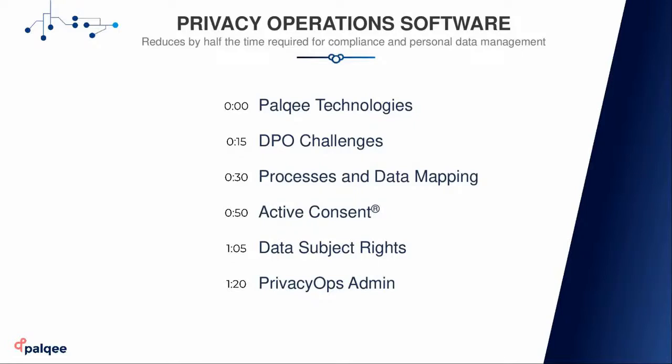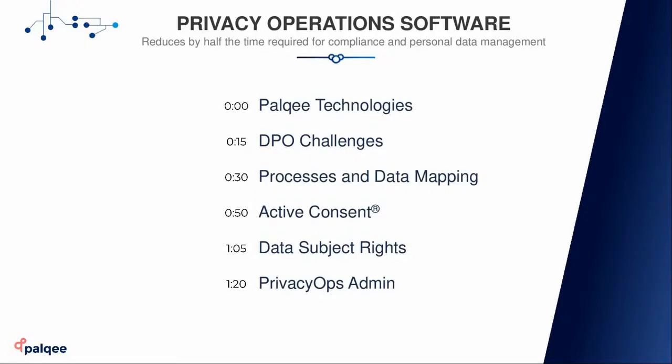Starting with the definition, privacy operations software. What do I mean by privacy operations software? We call privacy operations every activity you have to do within an organization to comply with the data protection regulations. That means any interview you have to do with your workforce to map whatever processes you have to map, any report you have to prepare to fulfill data subject rights or data subject requests, any report you have to prepare for the regulator who is asking you to show if you comply or not with that specific regulation.